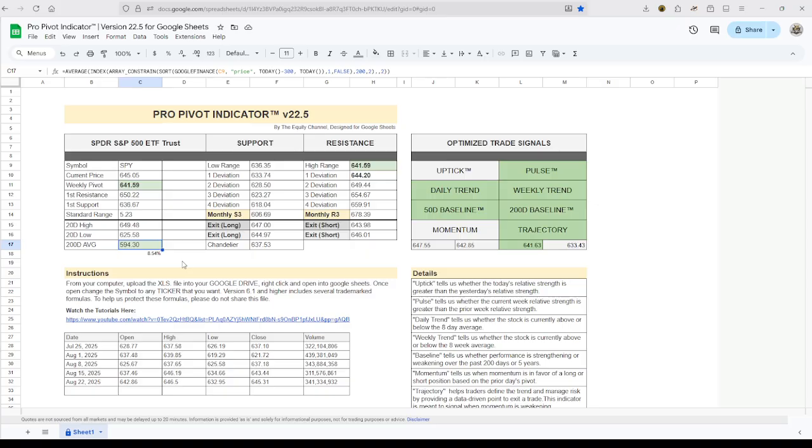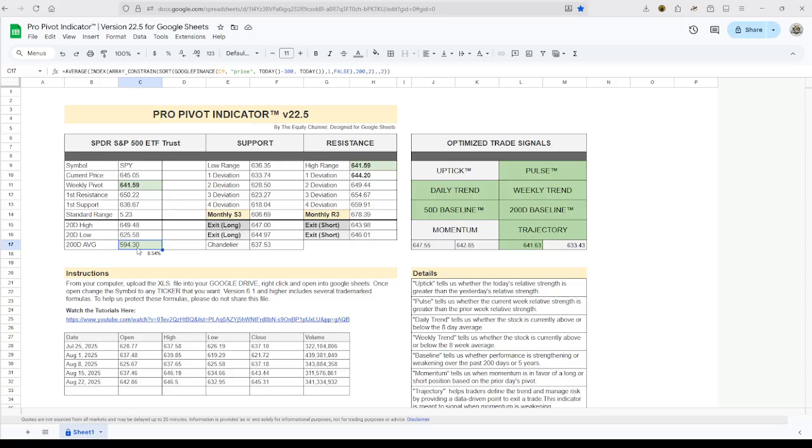And so, in that regard, what we like to do is take the 200-day average and use it as a tool for taking trades at the end of every month or holding trades at the end of every month.